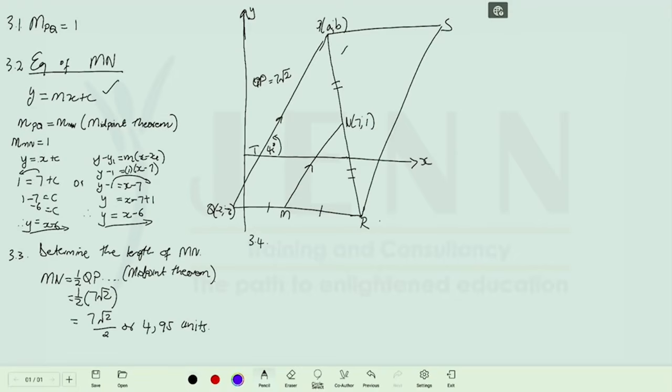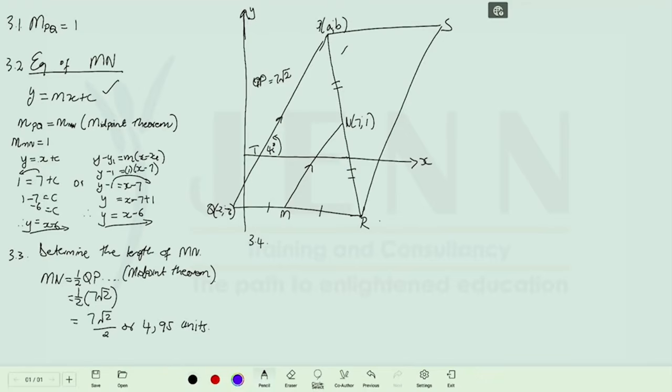Therefore, it is very important that in analytical geometry, my children, you should know at the back of your mind the properties of each quadrilateral, because in your question paper, in a test, in a classwork, your teacher will give you a question of analytical geometry that is talking about a certain quadrilateral from grade 10.